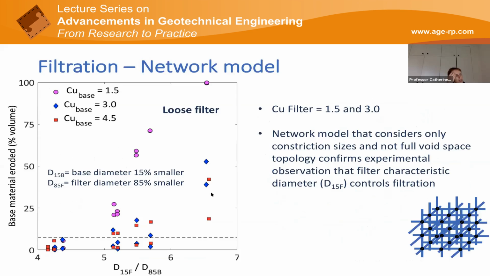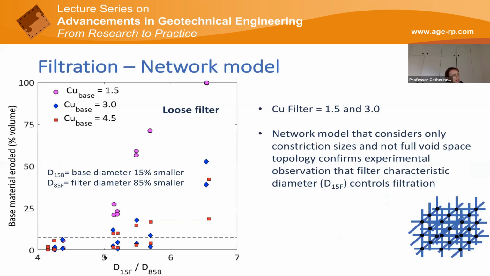And we're then able to look at some of the guidelines in filter design that were actually developed in Australia by Robin Fell, and looking at ideas about no erosion and continuing erosion that might occur depending on your base material and your filter material.